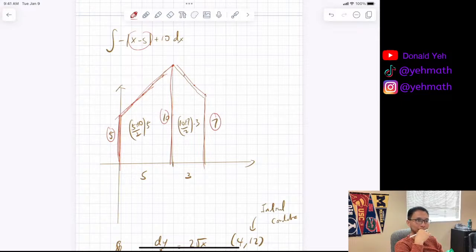That's not right. 75 over 2, 210. No, 17 times 3, sorry. 17 times 3 is 51, right? Yeah. So 51 plus 75 is 126 over 2, so it's 63.